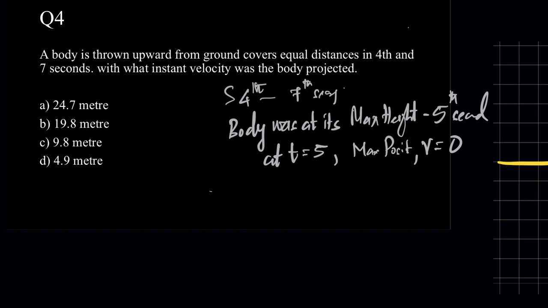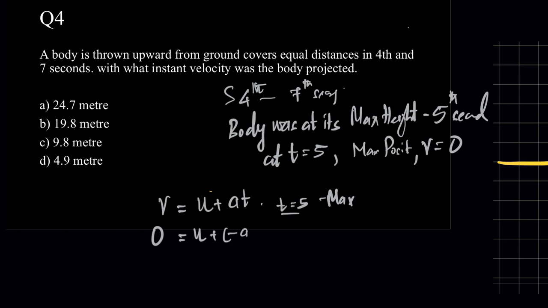So we can say that v is equal to u plus at, at t is equal to 5, is what we require here. What is v equal to? v is equal to 0, because t is equal to 5 is the maximum height. u is what we have to find out. u plus what is a? a is minus g.